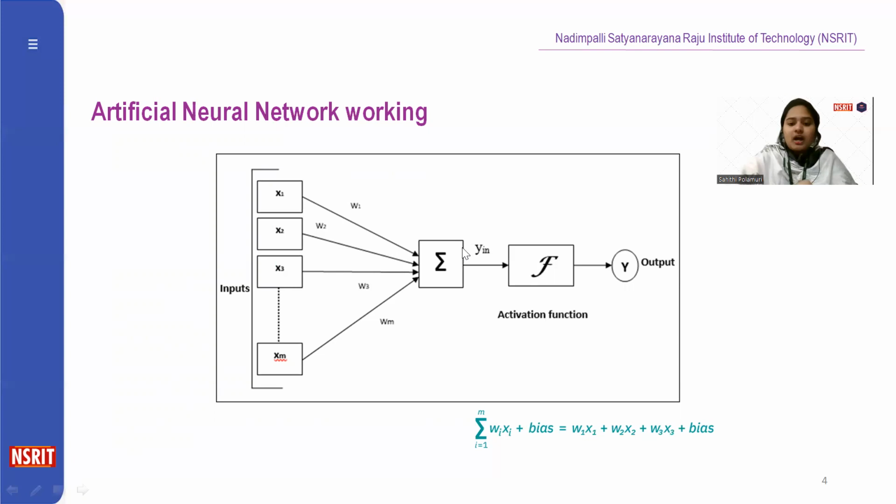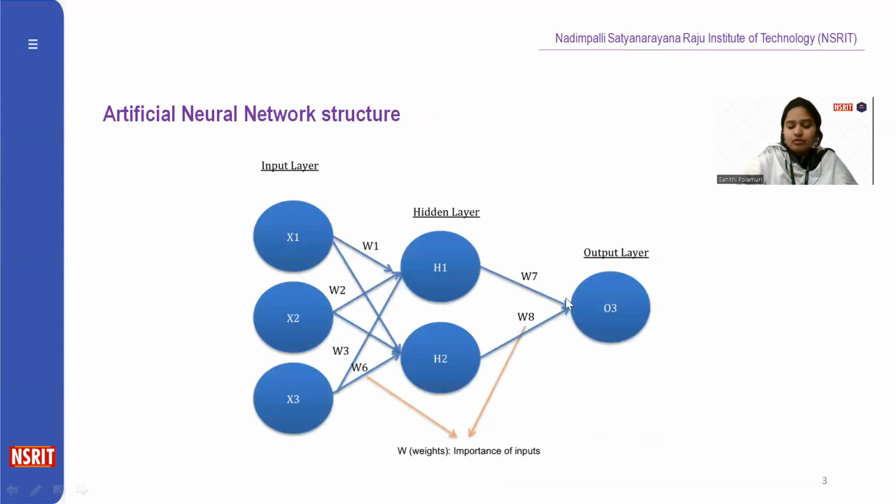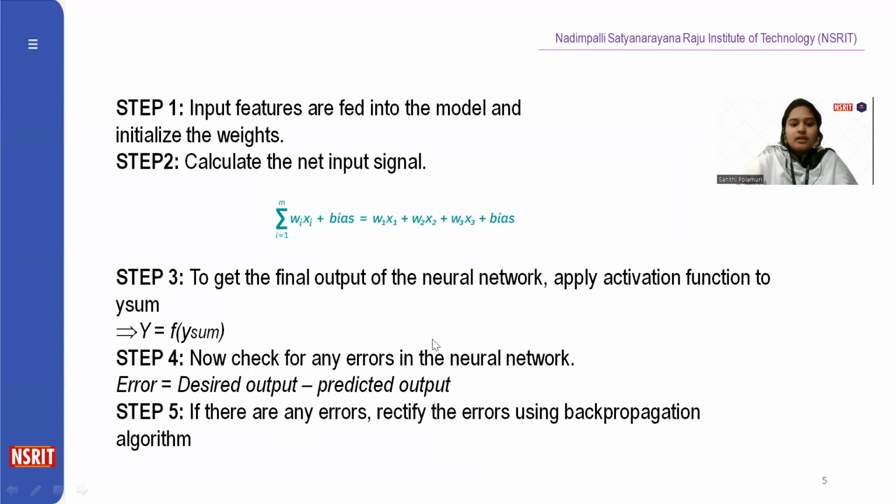After calculating net input signal, that is just our partial output. That is not the final output. To get the final output, we have to apply a function called activation function to this net input signal.